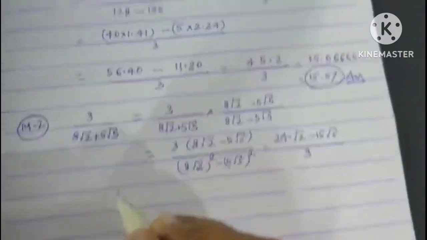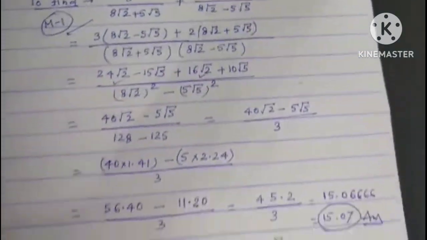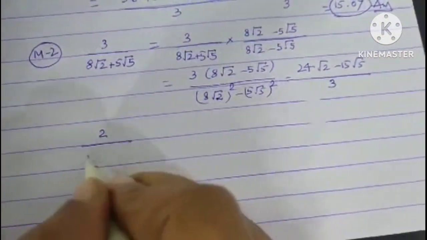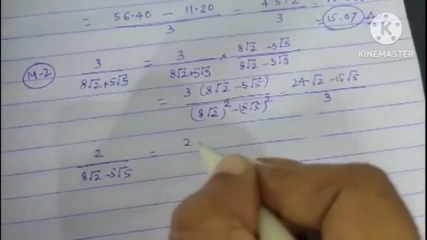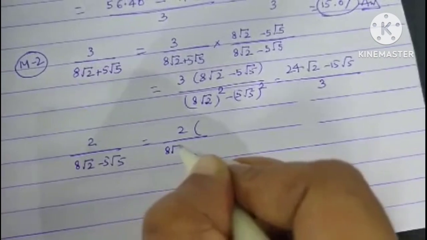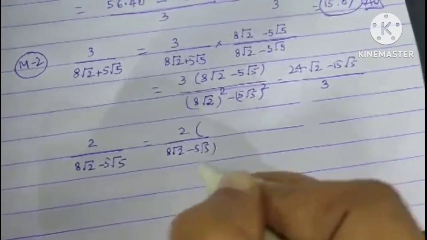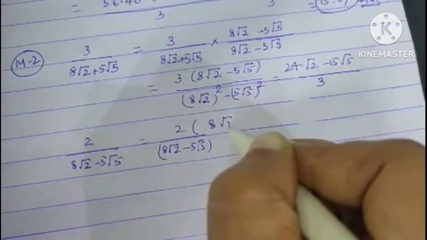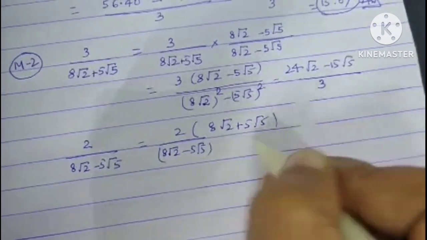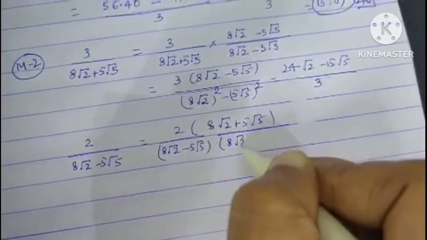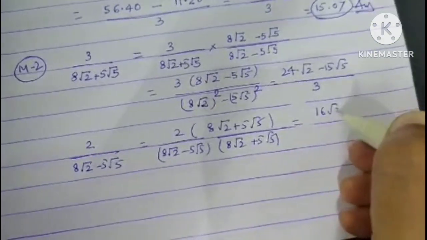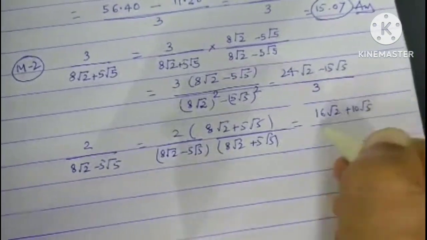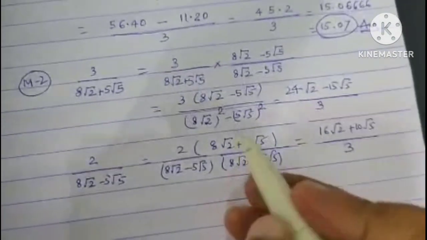Similarly, when you do the second part, 2 by 8 root 2 minus 5 root 5, that is equal to 2 by 8 root 2 minus 5 root 5 multiplied by 8 root 2 plus 5 root 5, so 16 root 2 plus 10 root 5 and divided by 3, this will be same.